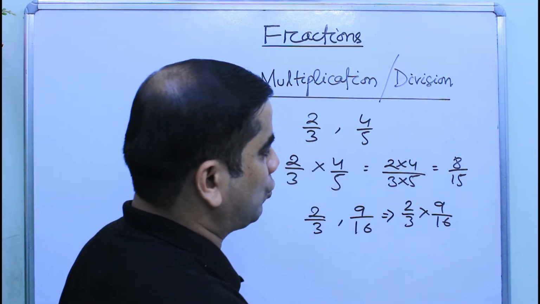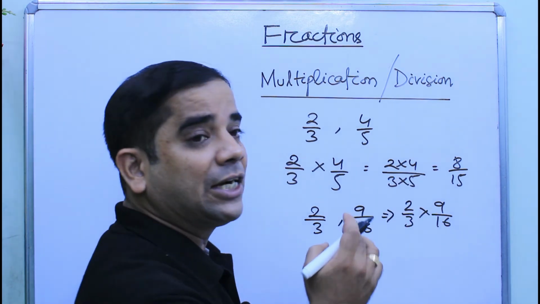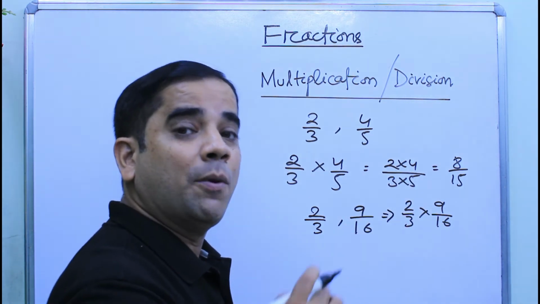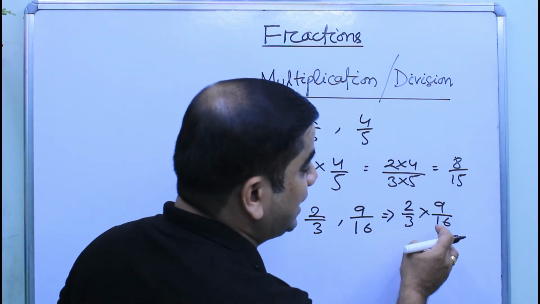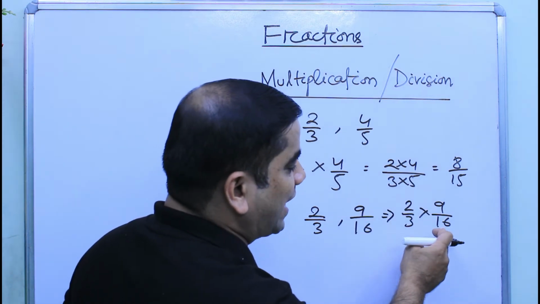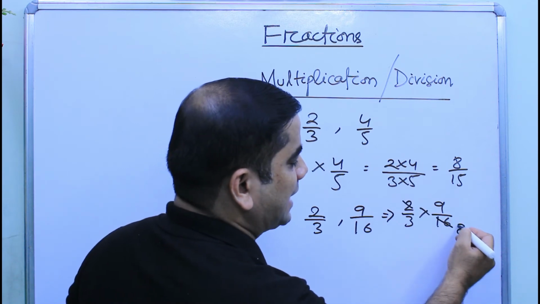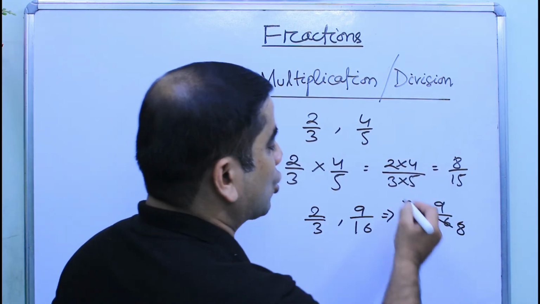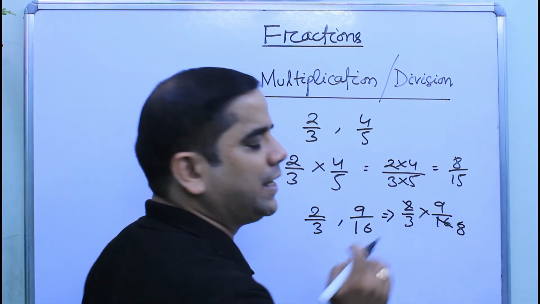You can divide the numerators and the denominators with the denominators and the numerators of the other fraction. How? Here the denominator is 16 and here the numerator is 2. So you can divide 16 by 2. 2 eights are 16. You can cross the numbers and write the quotient over here.